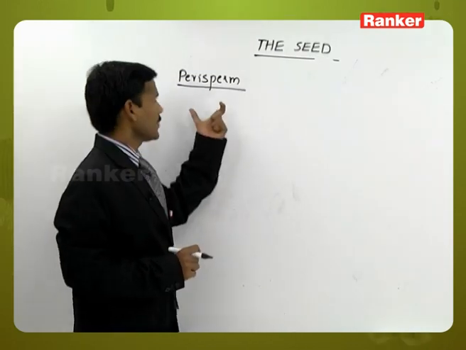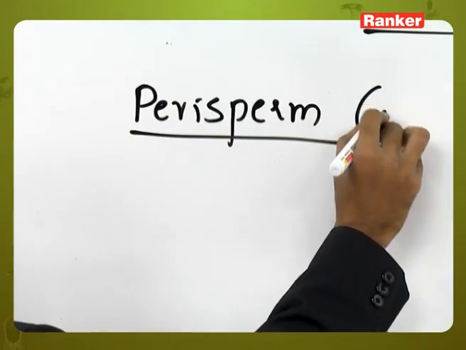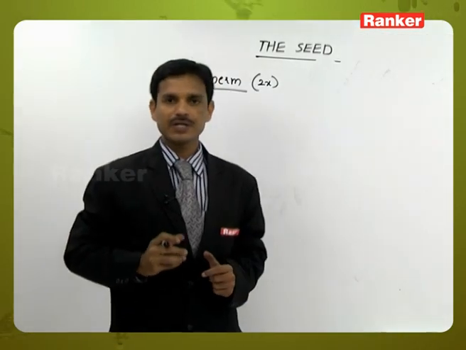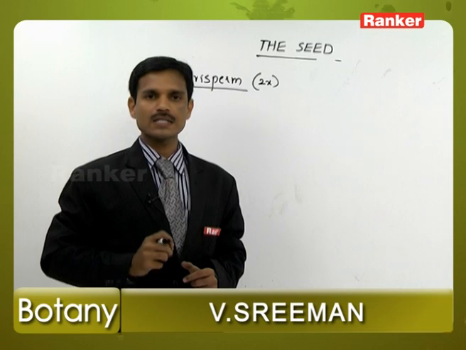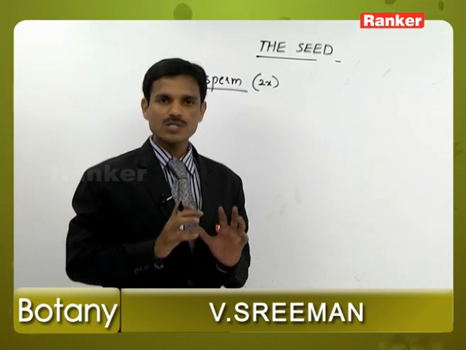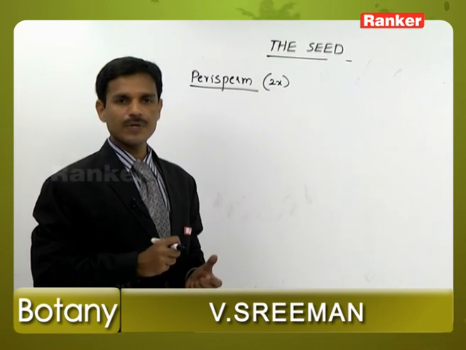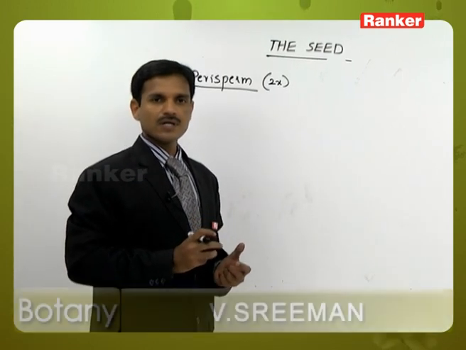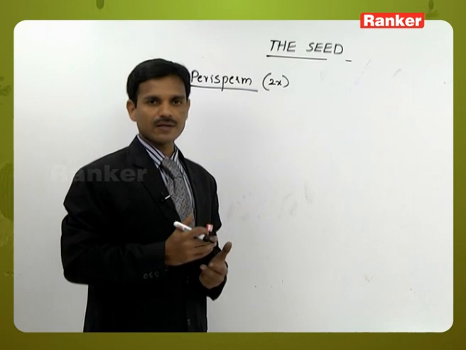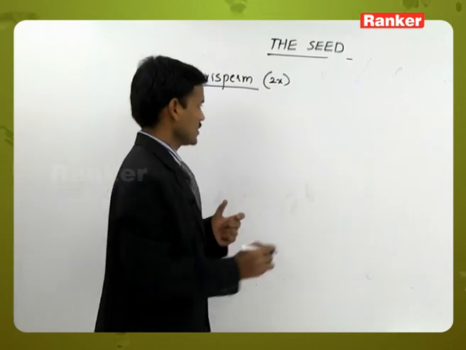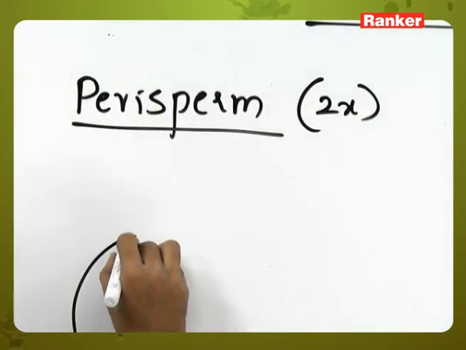Perisperm. Perisperm ploidy is diploid. So what is perisperm? During the development of the embryo or seed, the nucellus tissue is utilized by the embryo, but sometimes the nucellus tissue remains. The remnant of nucellus tissue is called perisperm. You know the structure of the ovule.